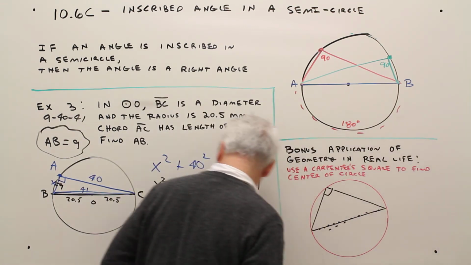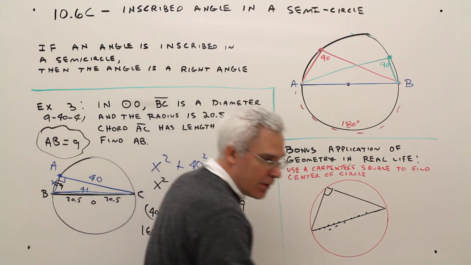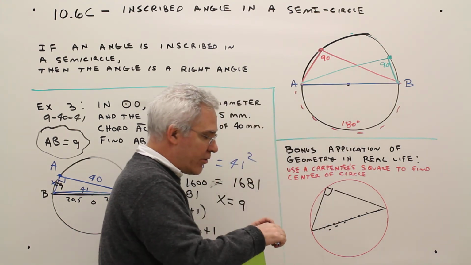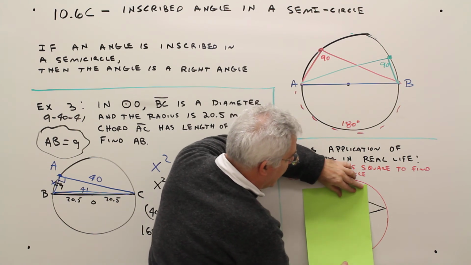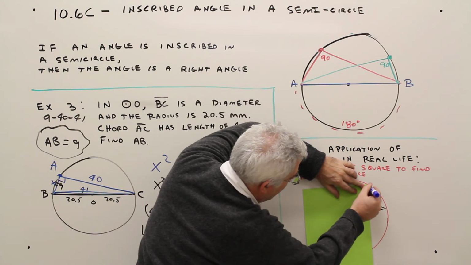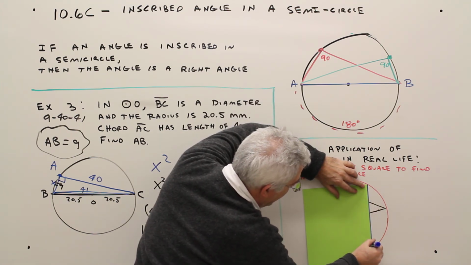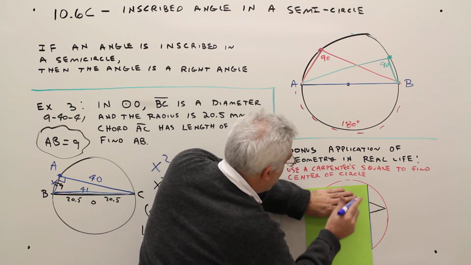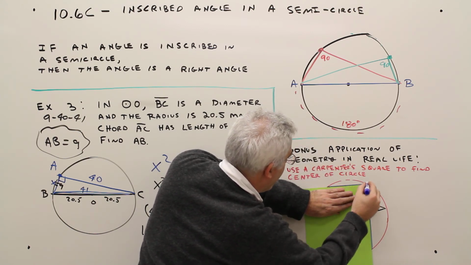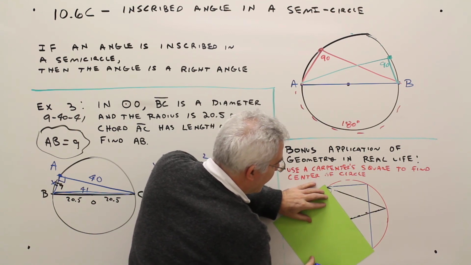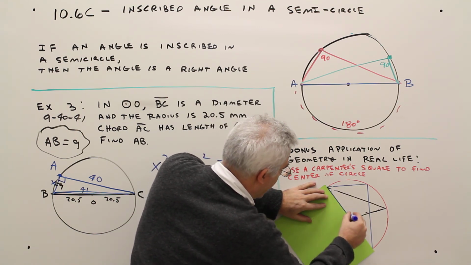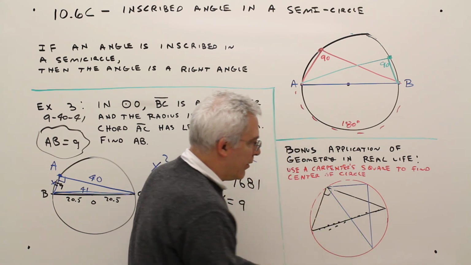I can do it again in a different location. So I'll take my carpenter square and now I'll put the vertex over there. And I will draw there, and I will draw there. So now I know that this is also a diameter.